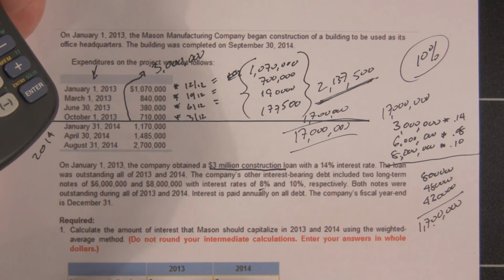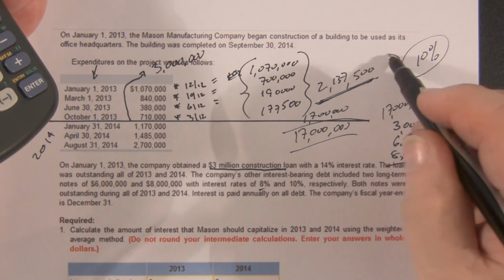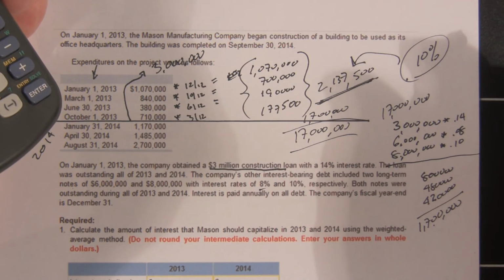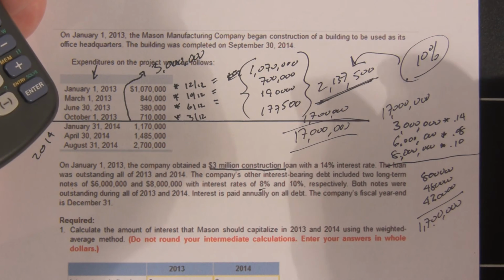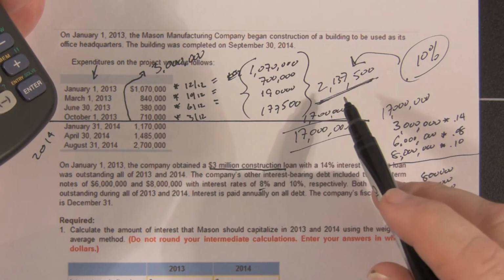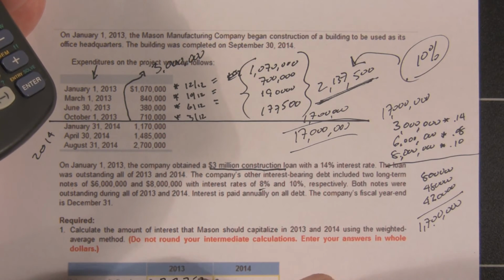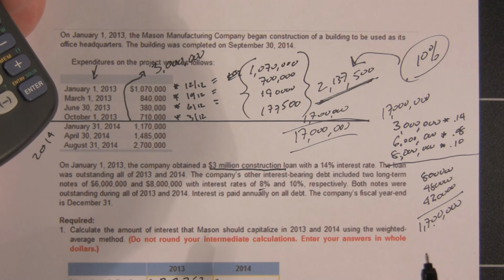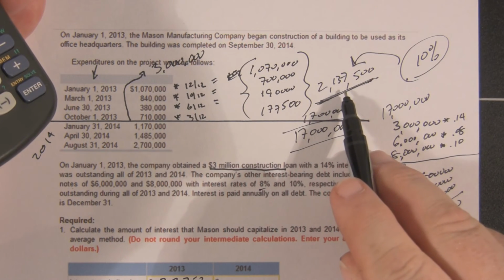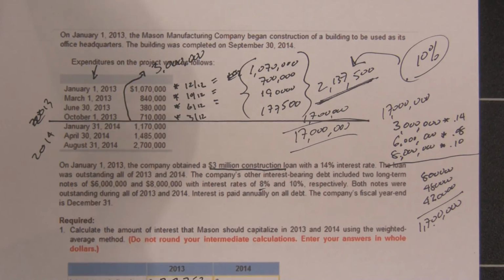So we're going to take 10% of our weighted average expenditures, and that's how much we will capitalize. So we will capitalize 10% of that, which is $213,750. That gets added to the construction cost of the building, and the rest of that $2,137,500 is interest expense, and that goes on the income statement for that year.